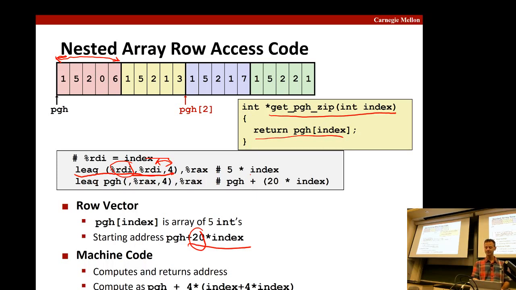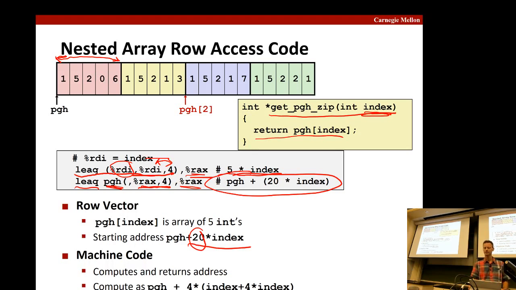The index is what's in RDI, so I get 5 times index here. Then I use another LEA instruction to multiply that by 4, because now it's sitting in RAX, so I get 20. Then I add on the starting address wherever PGH starts, and I store that in RAX. So the net result is I get exactly the address I'm looking for.